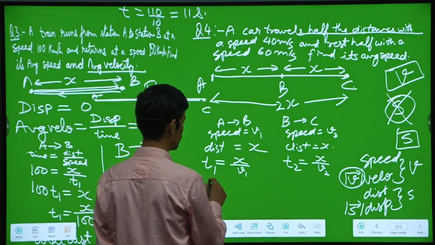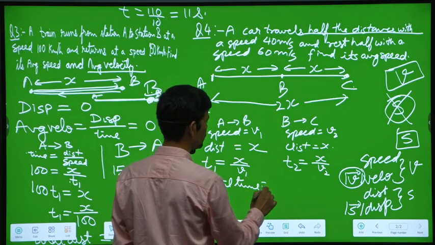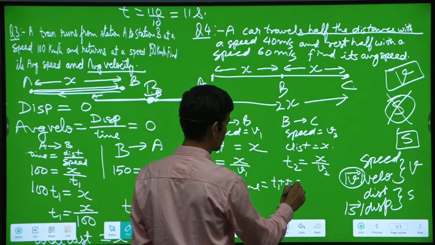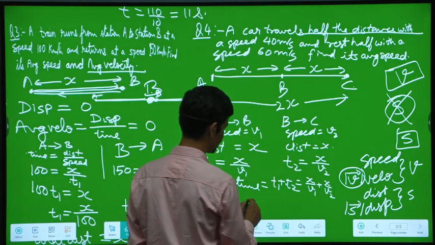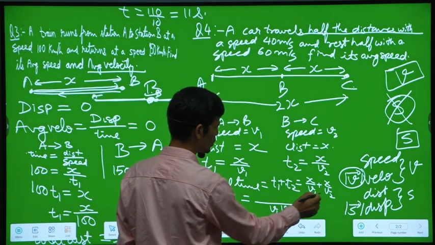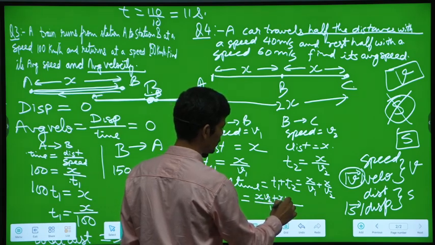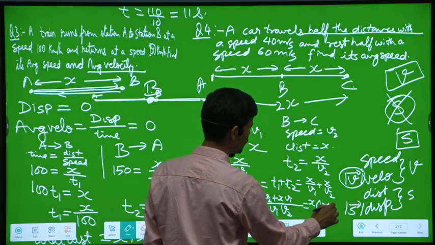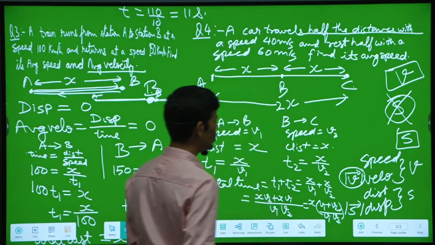So total time will be t1 plus t2, that is x by v1 plus x by v2. Taking LCM, v1 v2 will go here, x v2 plus x v1, we can take x common, v1 plus v2 divided by v1 multiplied by v2.